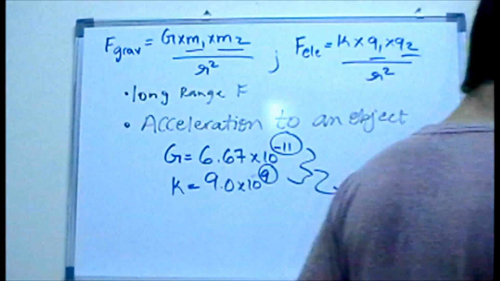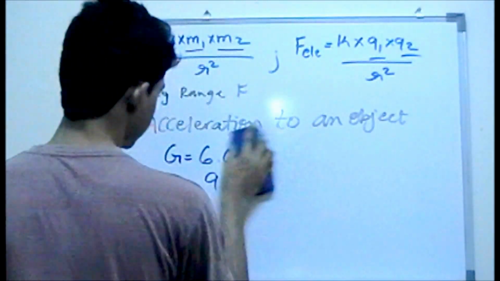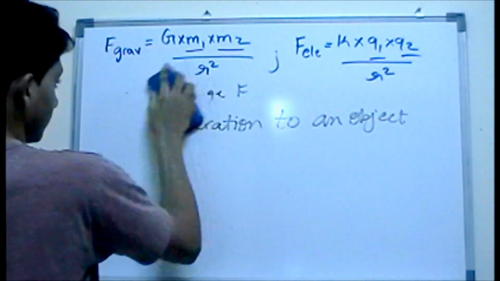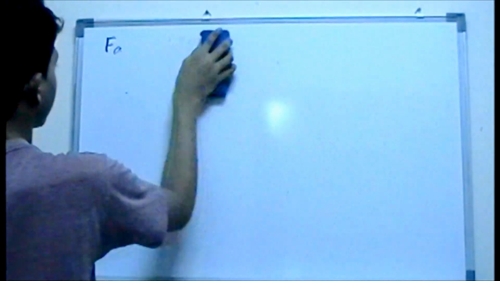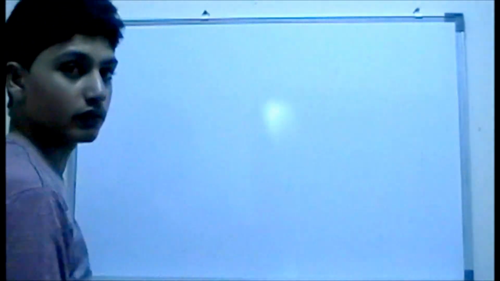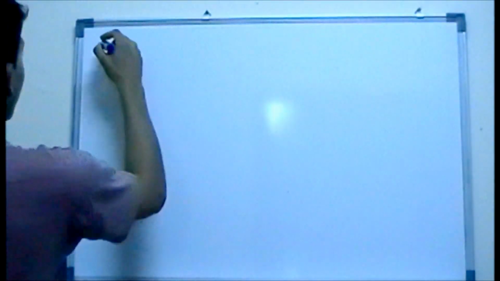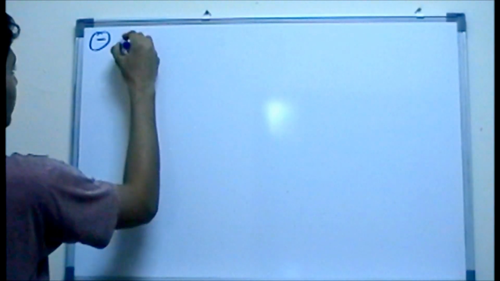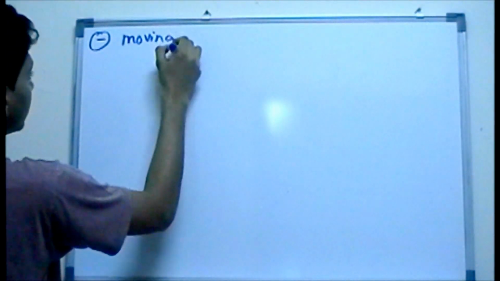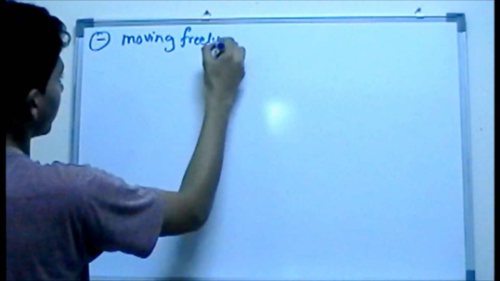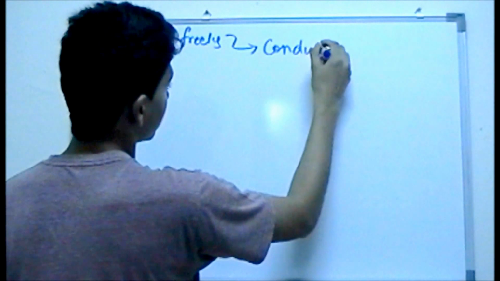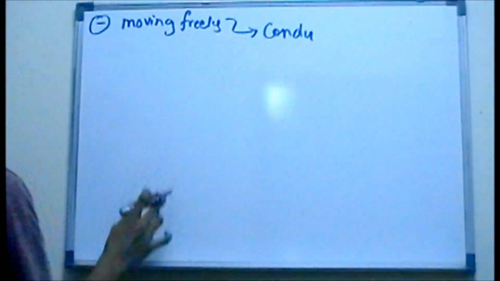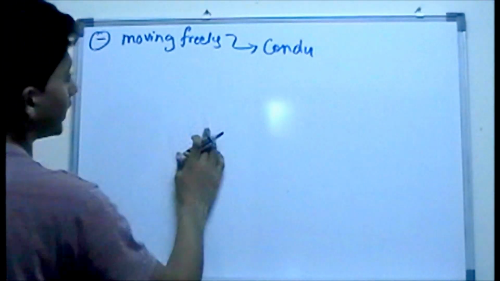So let's go ahead and write the definition down. When the electrons are moving freely in a substance, that substance is called a conductor. Whatever substance makes the electrons move freely is called a conductor.